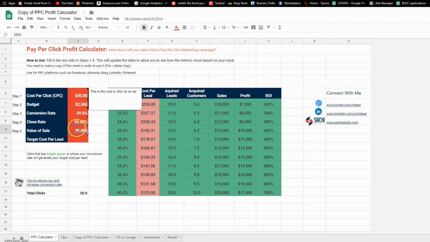So after you punch in all 5 numbers, you'll get these numbers over here. What this is basically saying is that at a 20% conversion rate, a $2,500 budget, $50 CPC, and 50% closing rate, my CPL, my cost per lead, will be $250.